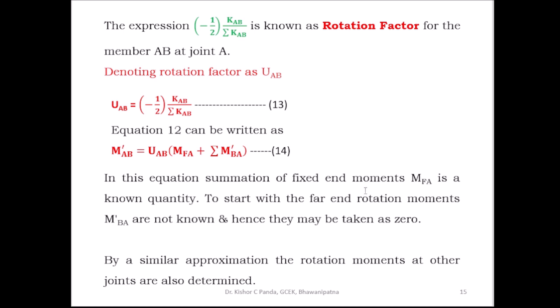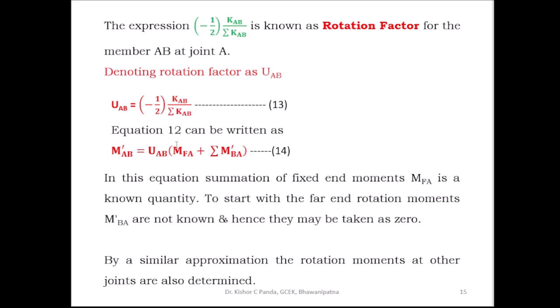the summation of fixed end moments MFA is a known quantity. To start with, the far end rotation moments m dash BA are not known, and hence they may be taken as 0. By a similar approximation, the rotation moments at other joints are also determined. So by using this expression, you can find the near end rotation moment.